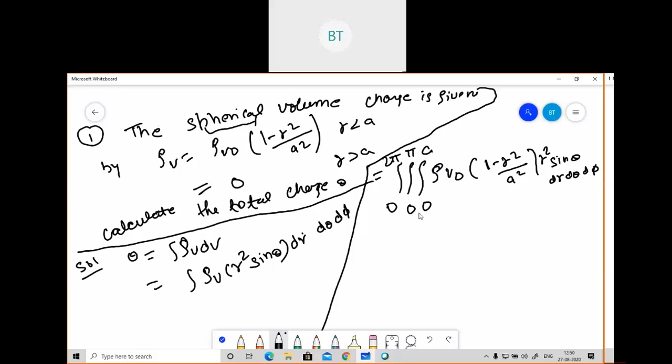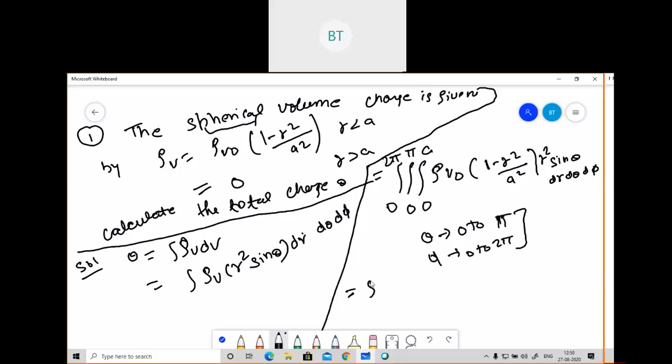For the sphere, you always remember that theta varies from 0 to pi, and phi varies from 0 to 2 pi. If you remember these things, you will know how to put those limits. After this, I'll just substitute the values here.